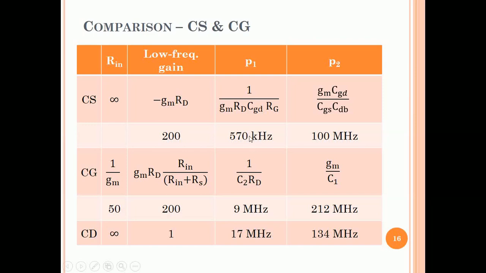The common source of course dominates, but common gate also plays a role. Generally this is ignored. It is just a rule of thumb, not to be taken too seriously. One should always find it, but as a first approximation it is okay to ignore the source follower frequency response in a multi-stage amplifier configuration.